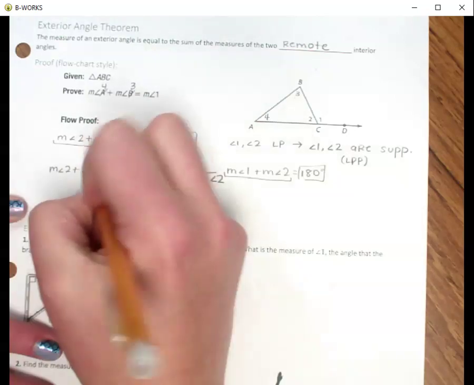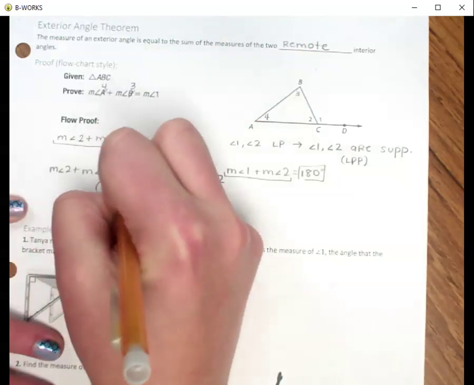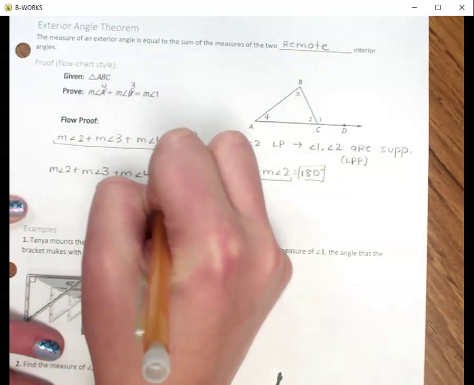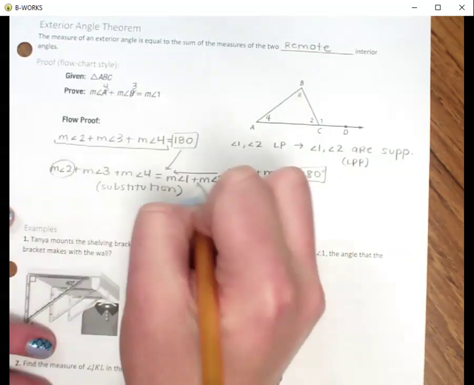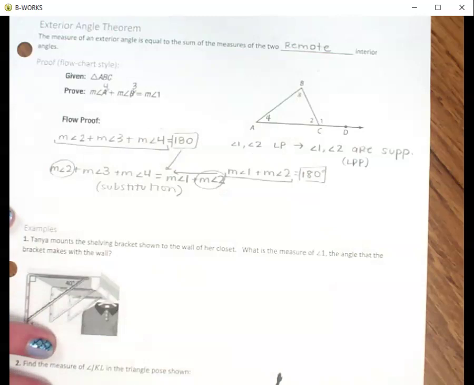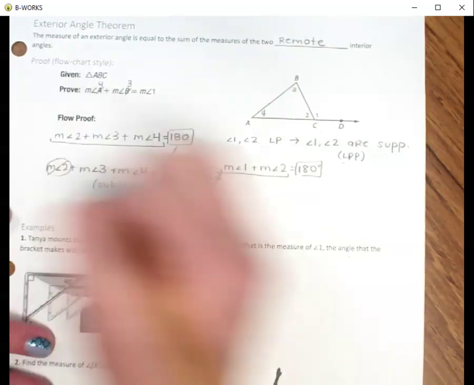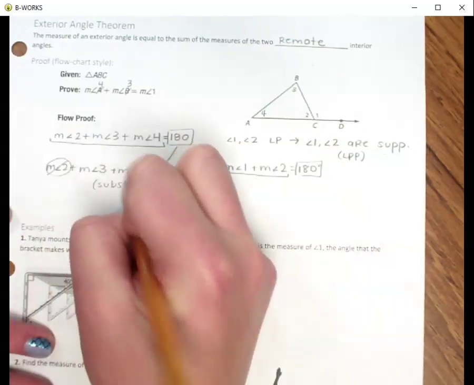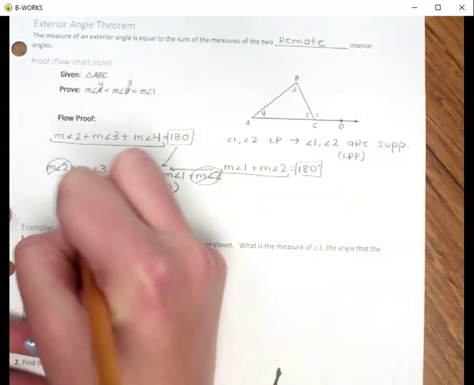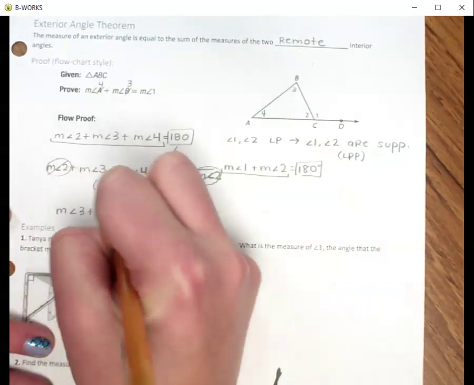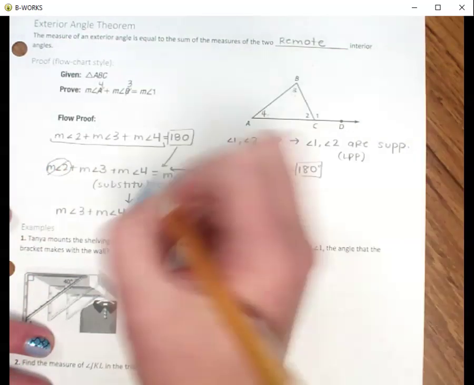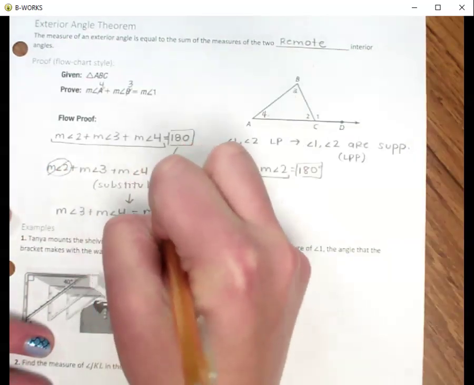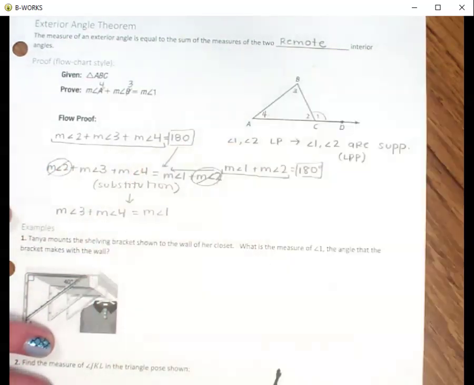You notice the left and the right both have a measure of angle 2. So by subtraction, we've got the measure of angle 3 plus the measure of angle 4. So the sum of those two remote interior angles is equal to the measure of angle 1, or that exterior angle.